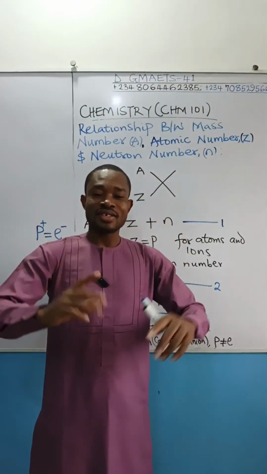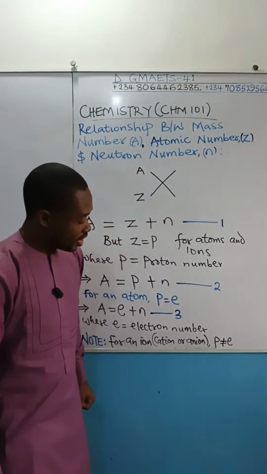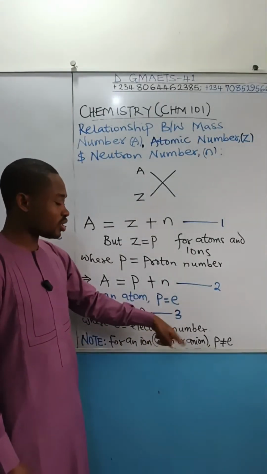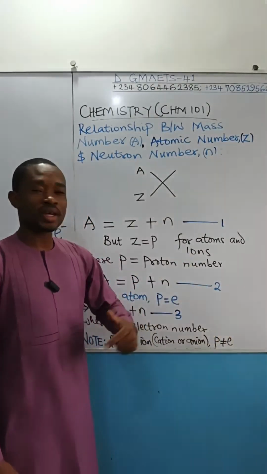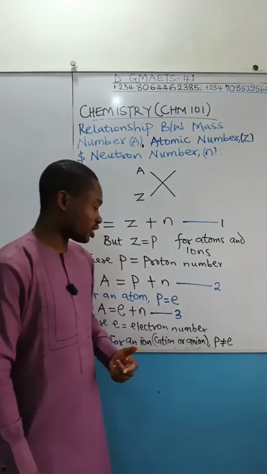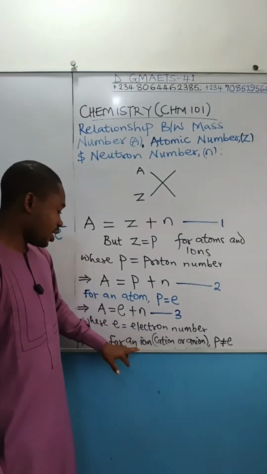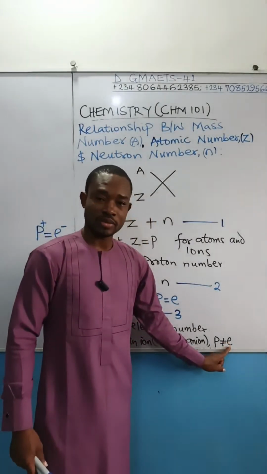Having said this, it is going to take us to the last relationship you want to take note of. If for an ion we say that the proton number is not equal to the electron number, how can we actually determine the number of electrons? Because where the problem comes in for an ion is with this electron number.